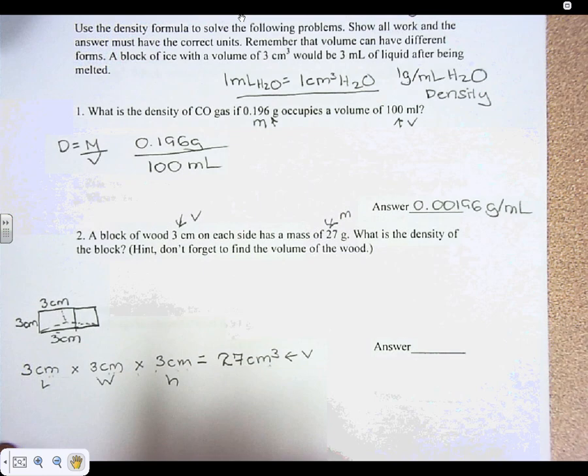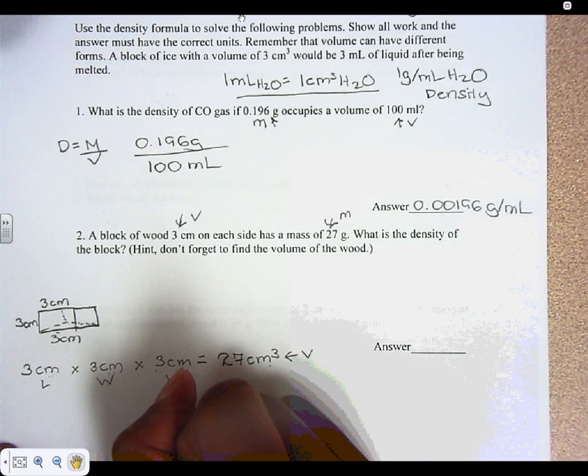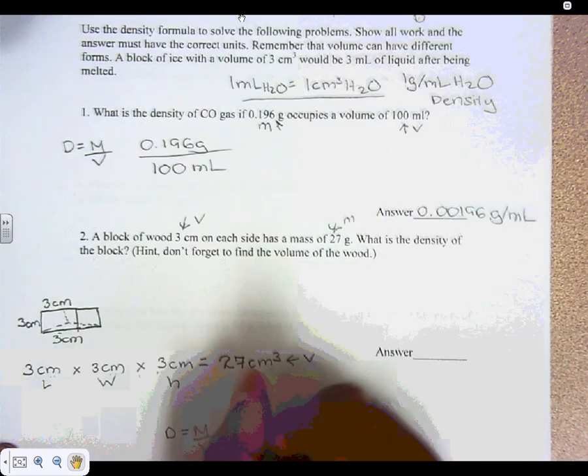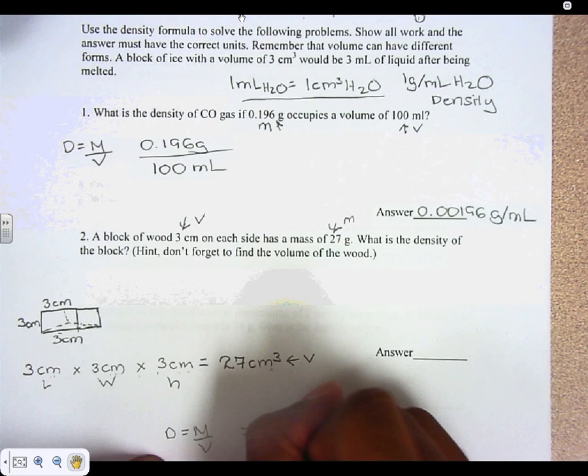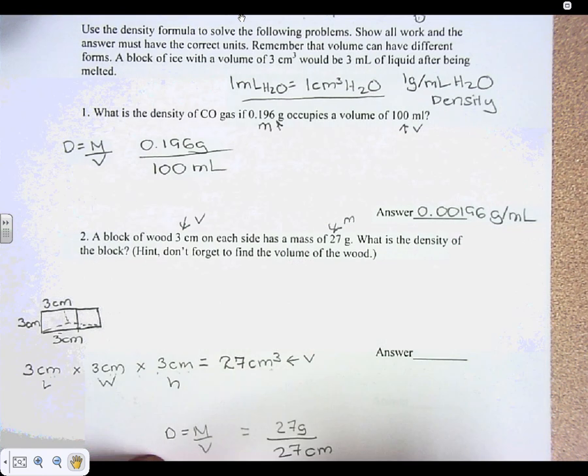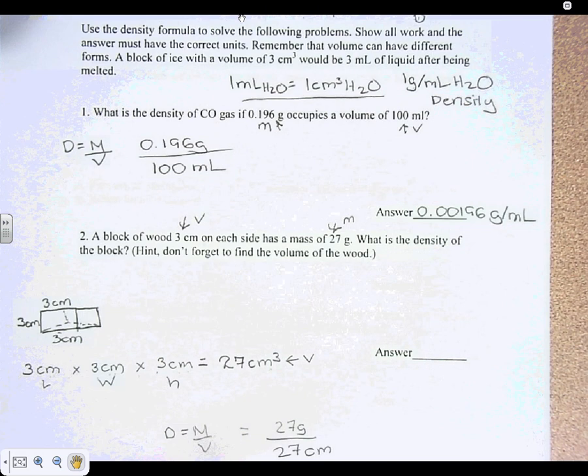We also have our mass, which is 27, and so we're going to apply the arrangement of mass over volume. 27 grams divided by 27 cubic centimeters is going to be used to solve for our density.